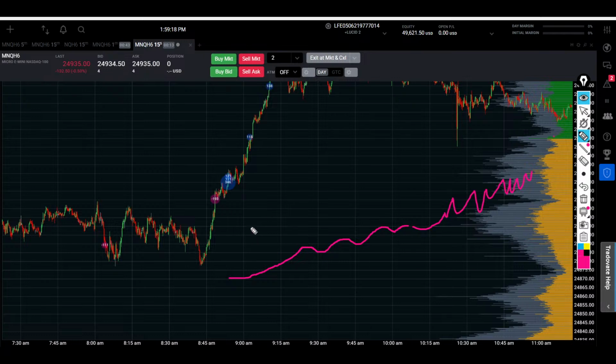Don't do it. Set your risk. Today my risk is, let's say, $200. From here to here, you risk $200, and here you get back 600 or 800.